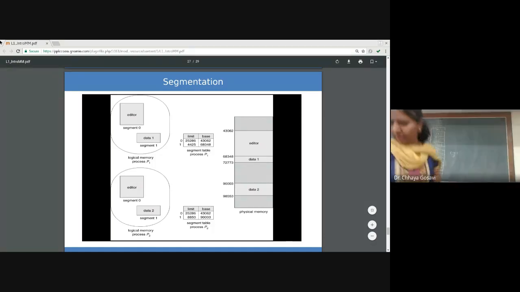Okay, we'll continue with the same example with segmentation. So we have processes P1, P2, P3, and the size of physical memory is 600K.